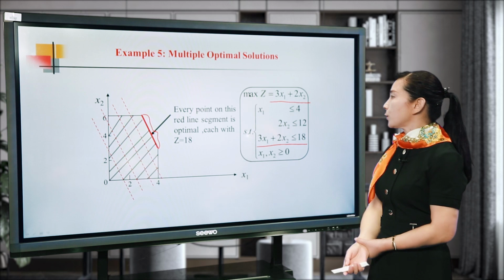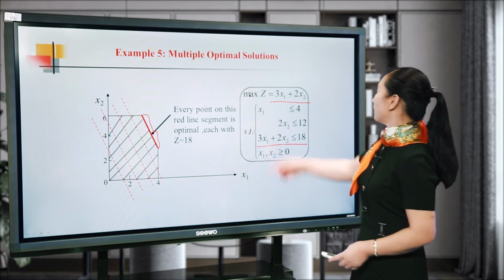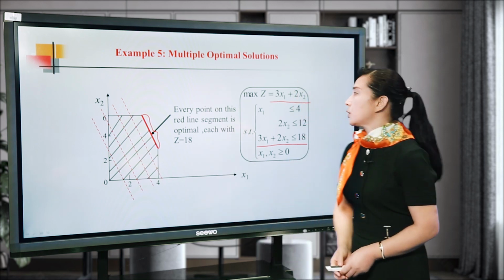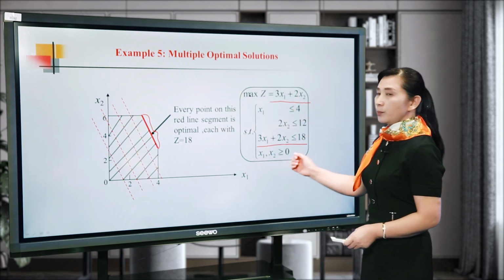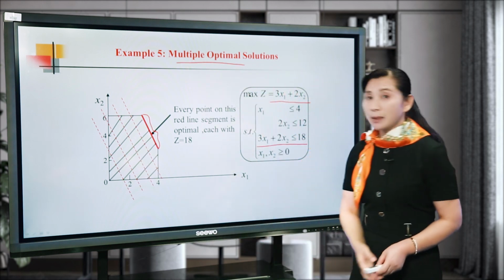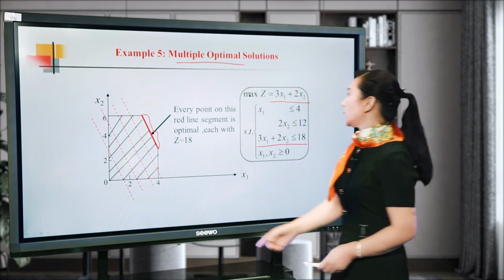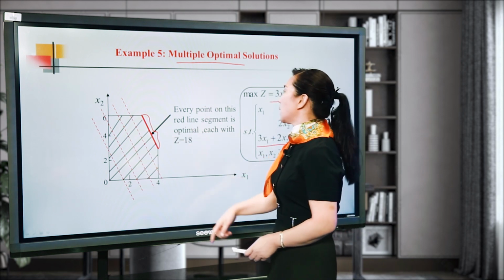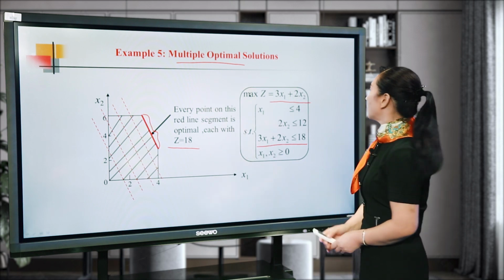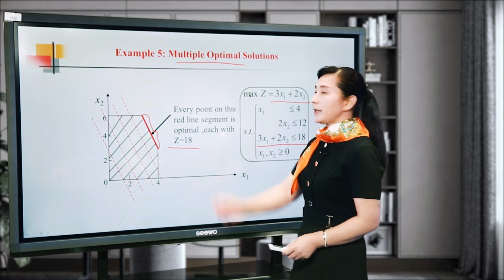The segment solution is all maximum J and is all feasible. In this segment, any point achieves the maximum J equal to 18.